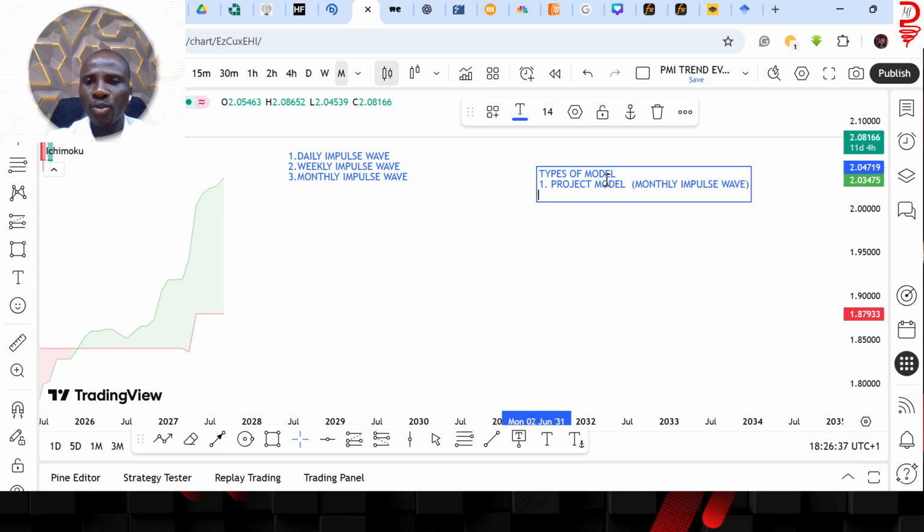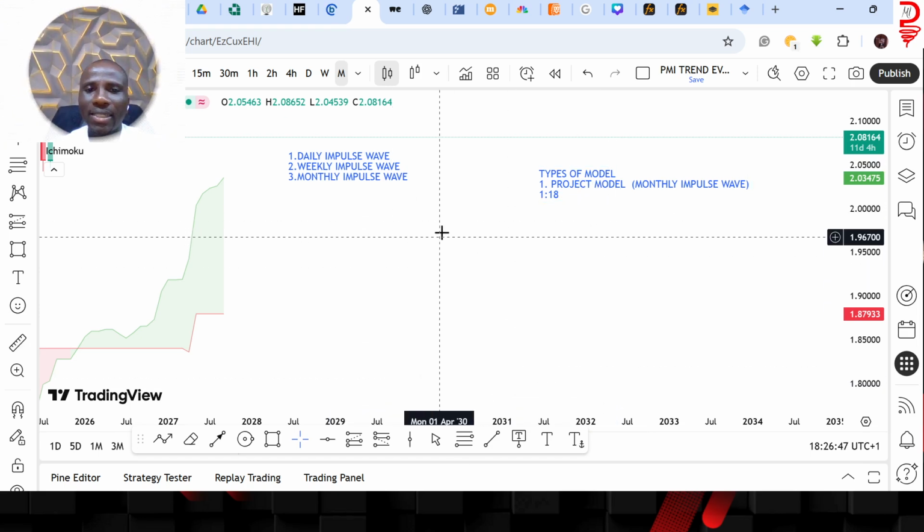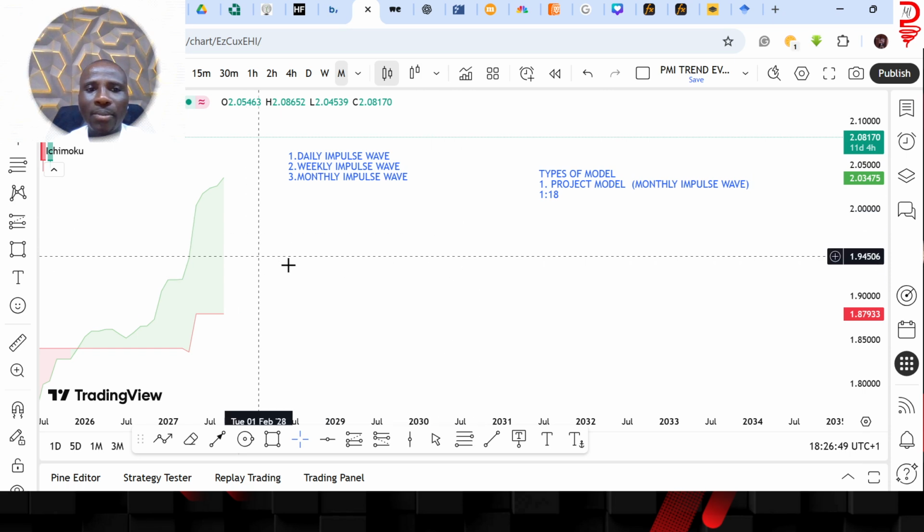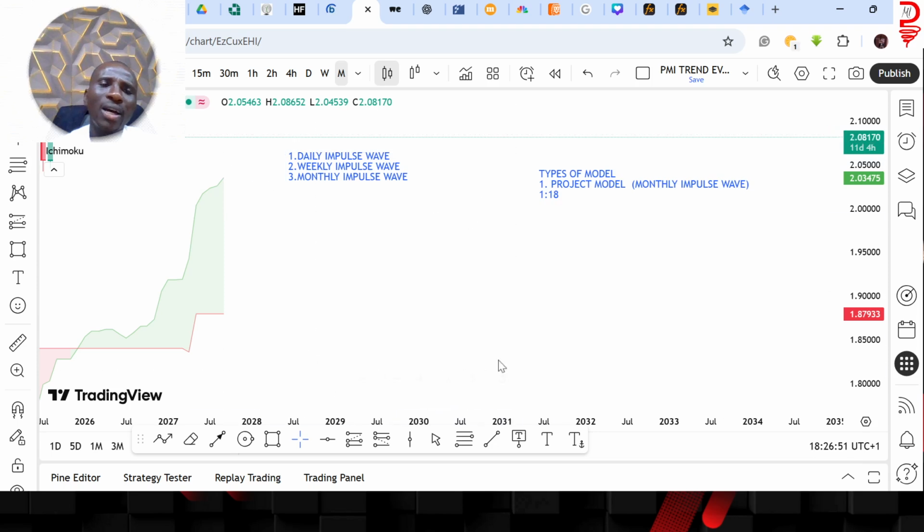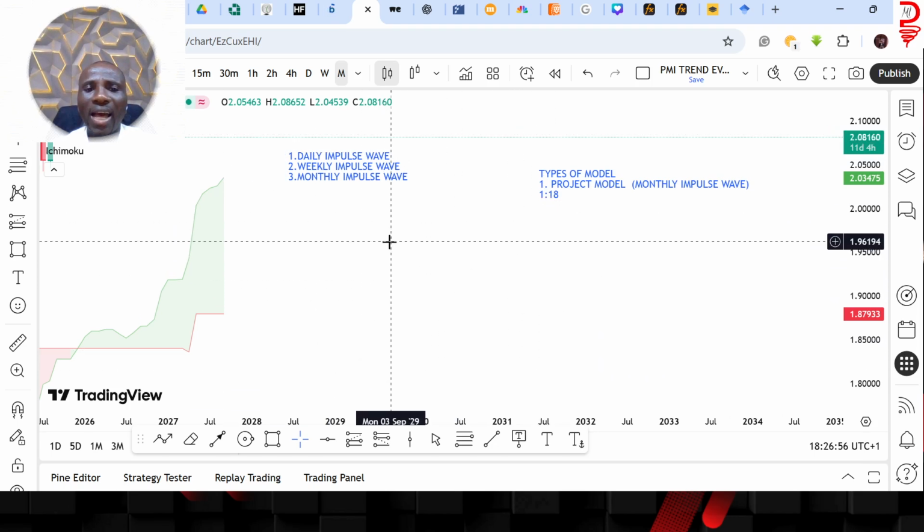This is where you pick a ratio of 1 to 18 of whatever you are risking. And that was why I said that using this particular model, you can turn, hypothetically now, $1,000 to $18,000 with just one trade.